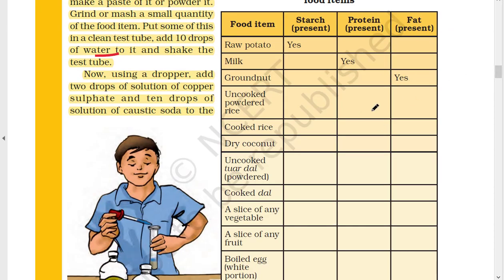This is a table in which, if we talk about raw potato, of course starch is present, in milk proteins are present, groundnut has more of fat.